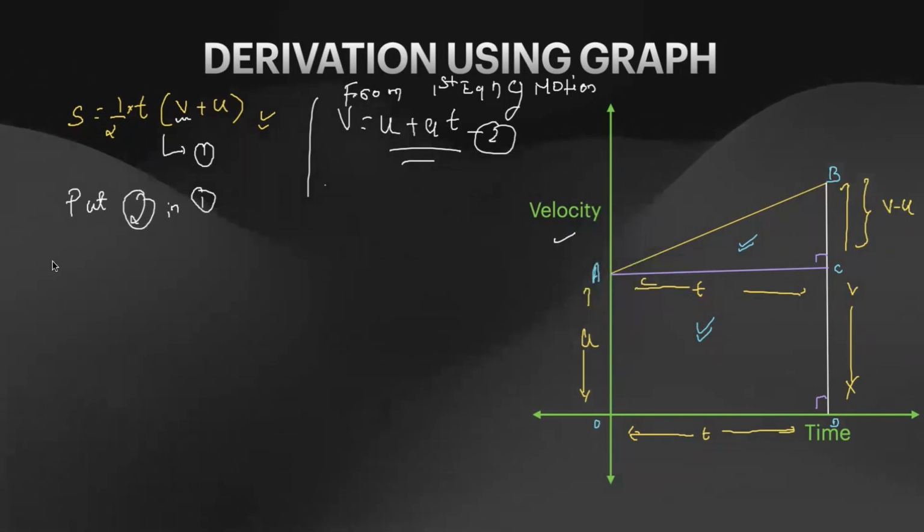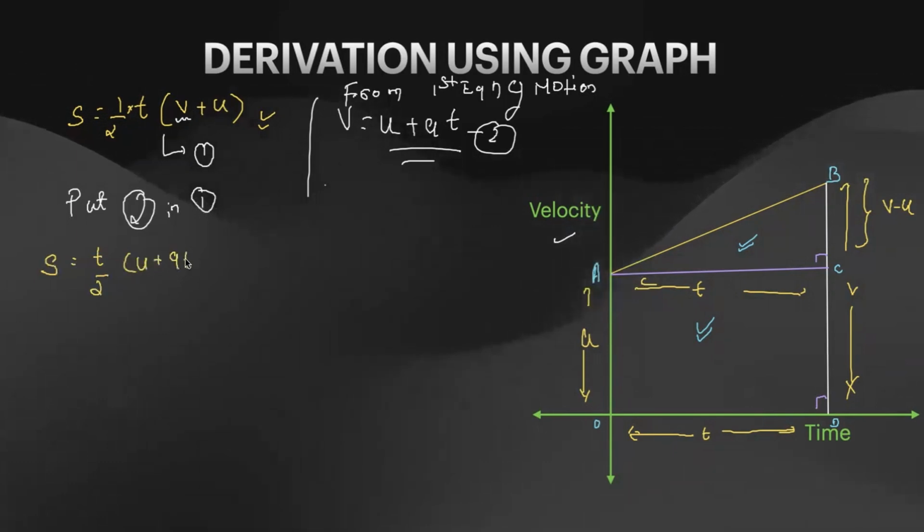You get S is equal to t by 2 into u plus at plus u.